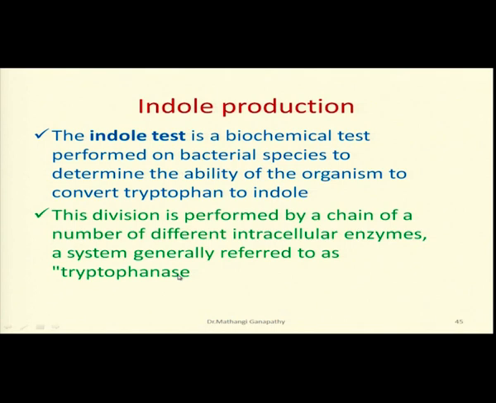So, only those organisms which contain the series of enzymes in the tryptophanase system would be able to convert tryptophan into indole, and because of this change we can identify whether the organism contains the tryptophanase system or not.